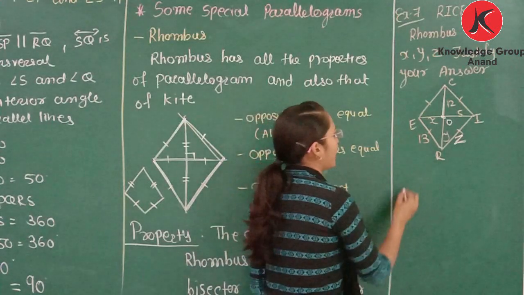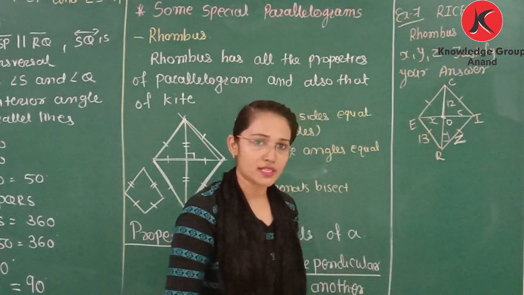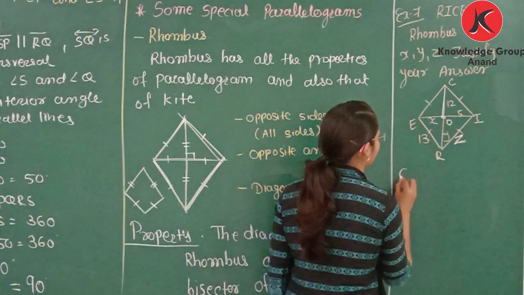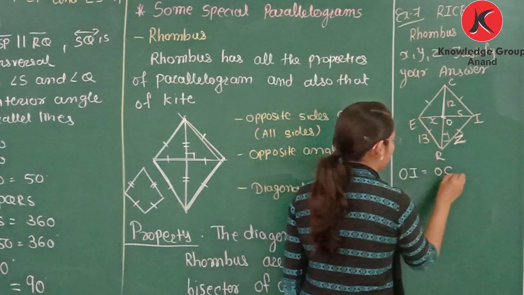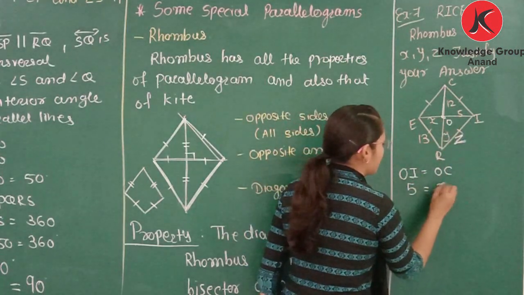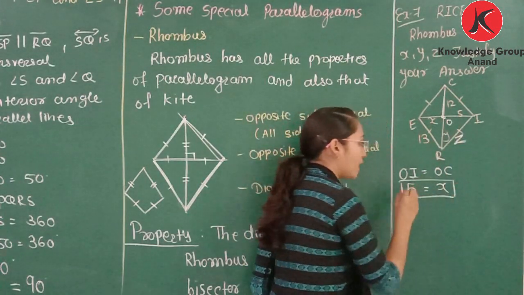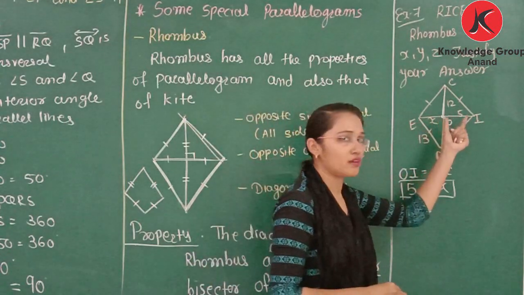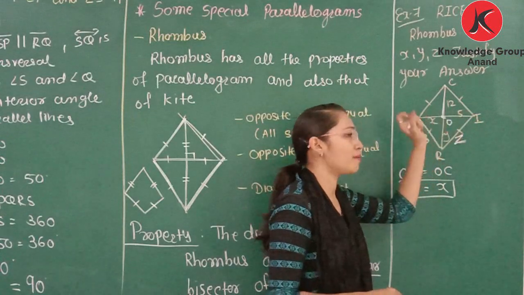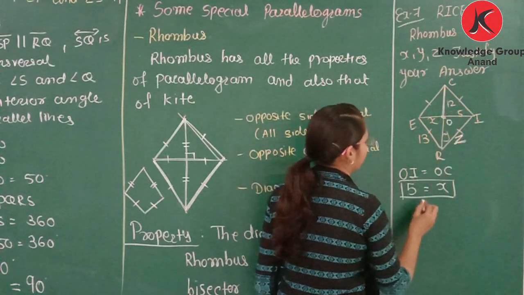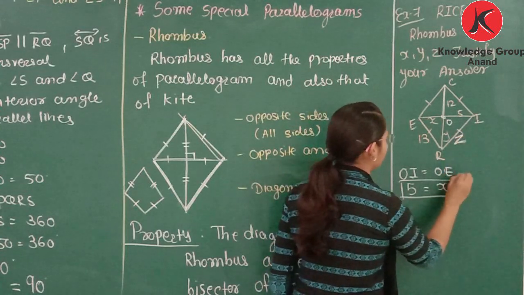So the diagonal bisects, so if this part is 5, then this other part is also 5. Now for that, OE.